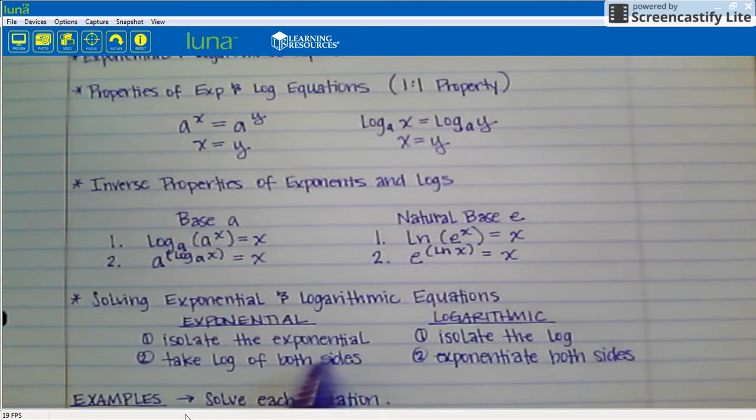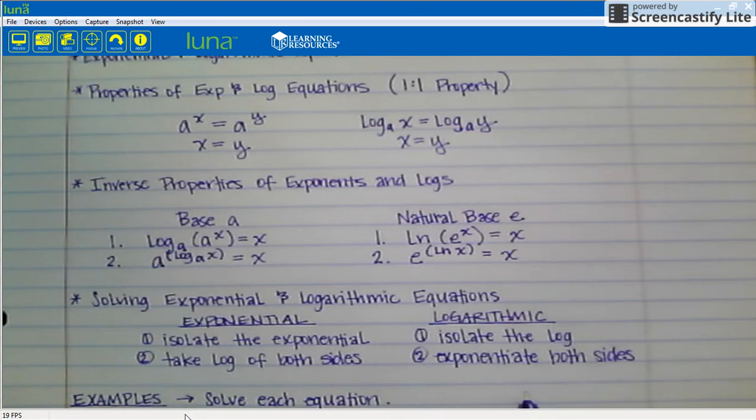And then once you've done that, you're going to take the log of both sides, because the logarithm is going to undo the exponential. For logarithmic, you're going to isolate the logarithm just like you would if it were an exponential. So you want the log on one side and everything else on the other. And then to undo the logarithm, you exponentiate both sides.